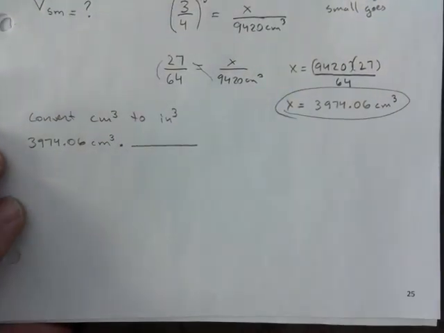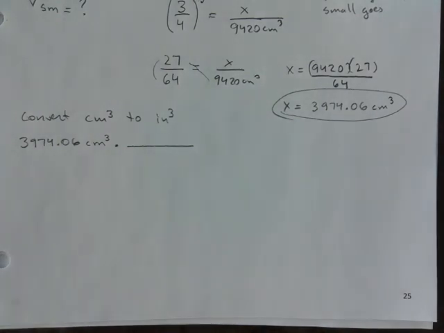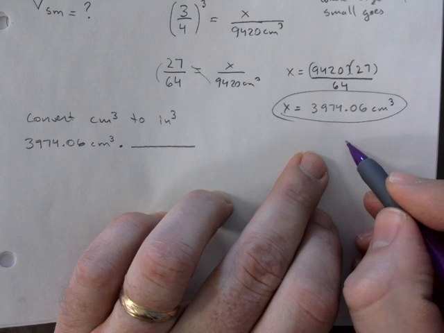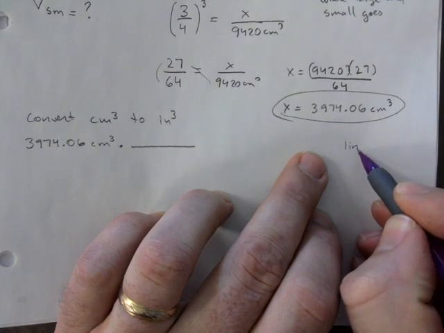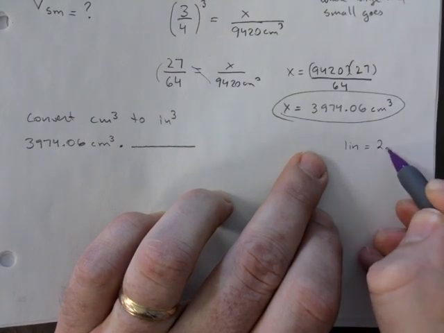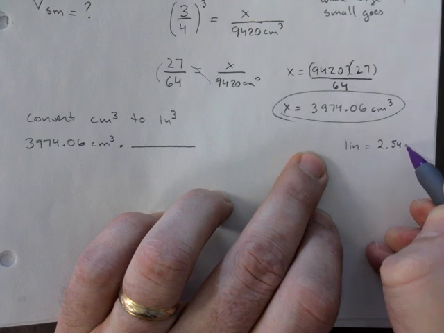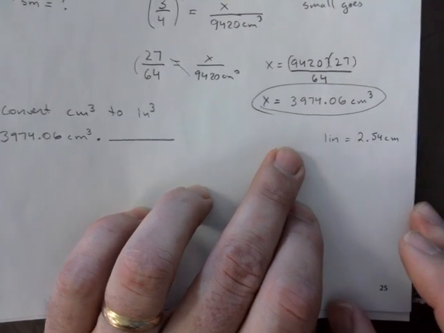So here, some of you don't need to do this step anymore. So you will just go on the side here and you will do this. 1 inch has 2.54 centimeters, right?